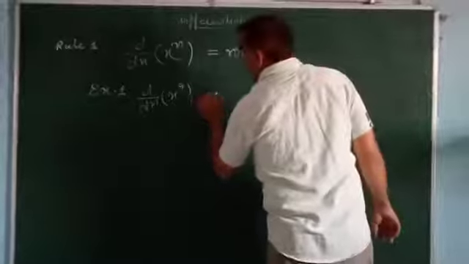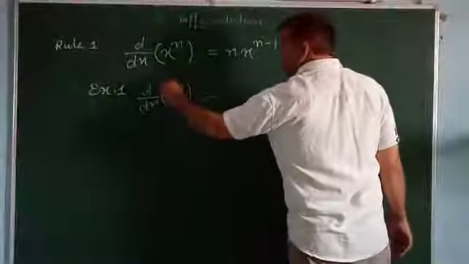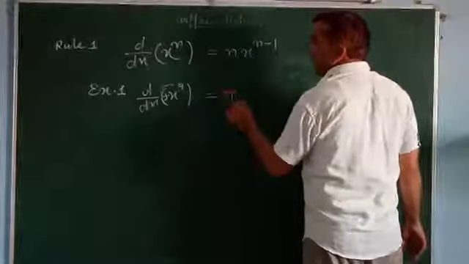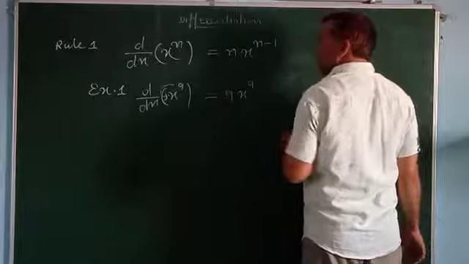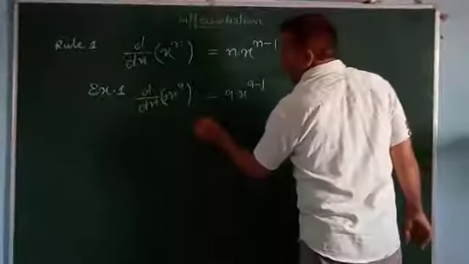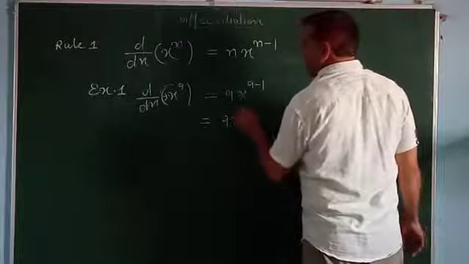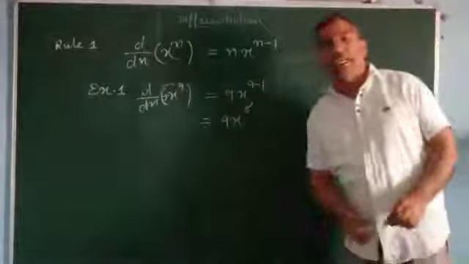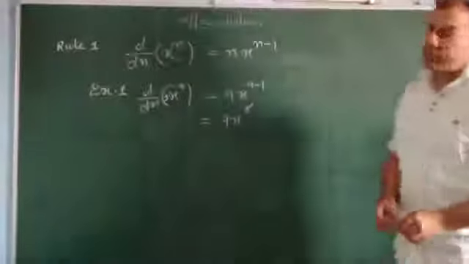The derivative of this function will be: first you take the power into x, that is 9x, and after that you subtract 1 from that power. Therefore the derivative of this function will be 9x raised to the power 8, because 9 minus 1 is equal to 8. This is the derivative of this polynomial function.